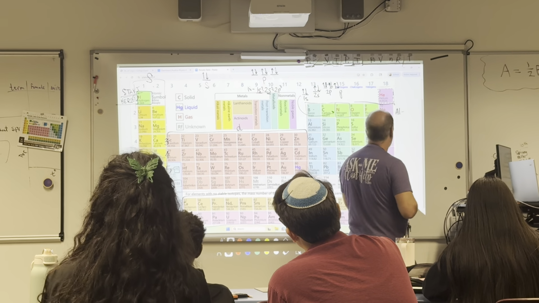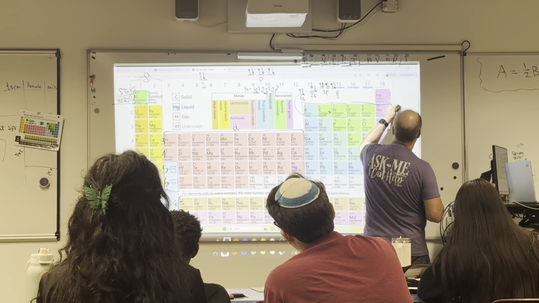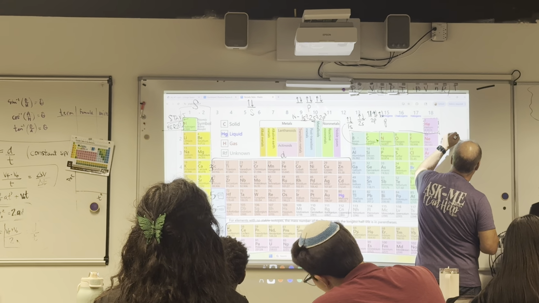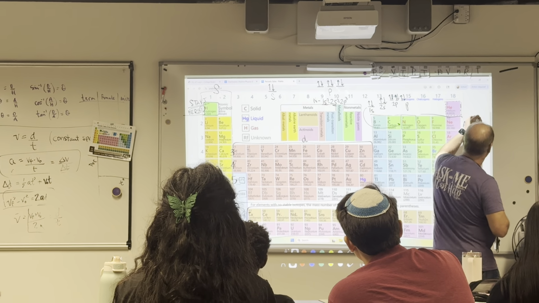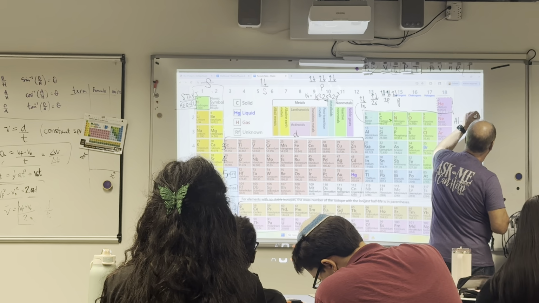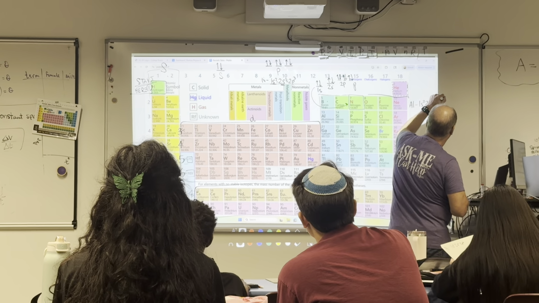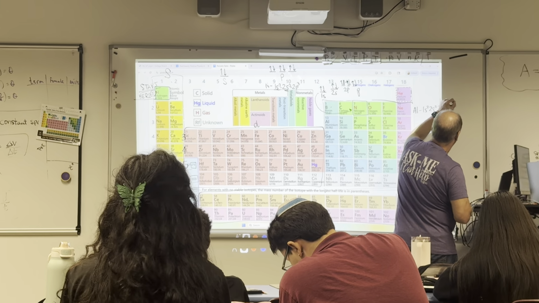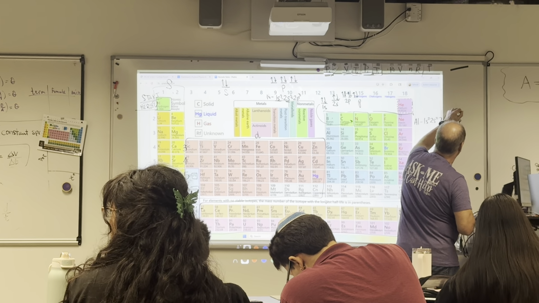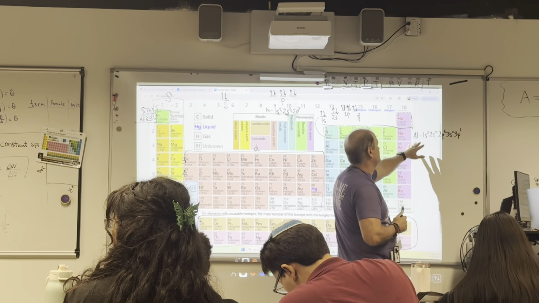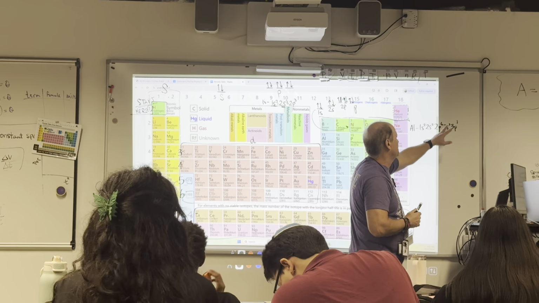Just trace the periodic table and read it out. 1s2? 2s2? 2p6? 3s2? 3p1. Very good. So that's my electron configuration: 1s2, 2s2, 2p6, 3s2, 3p1.